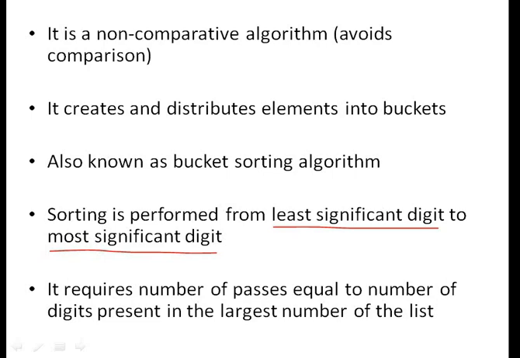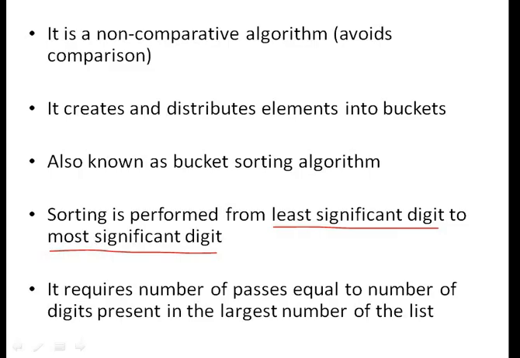It requires a number of passes like all other algorithms. Here the number of passes is equal to the number of digits present in the largest number of the list.